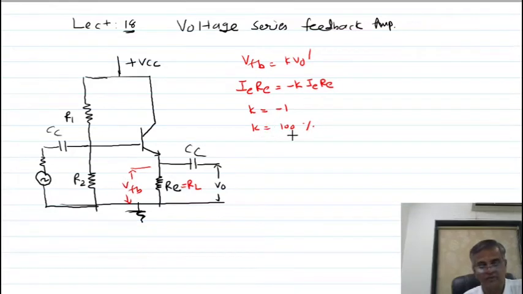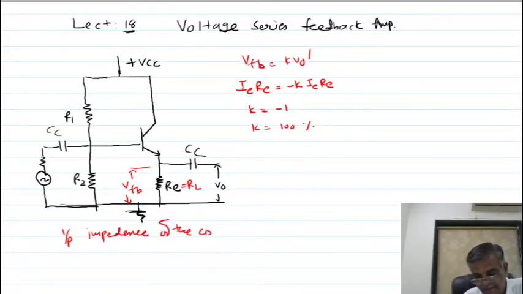Due to 100% negative feedback in this circuit, the input impedance of the circuit is very large, and the output impedance of the circuit is very low.